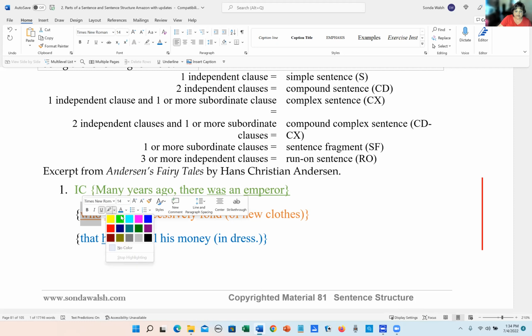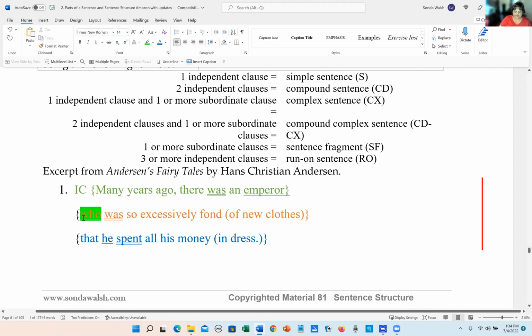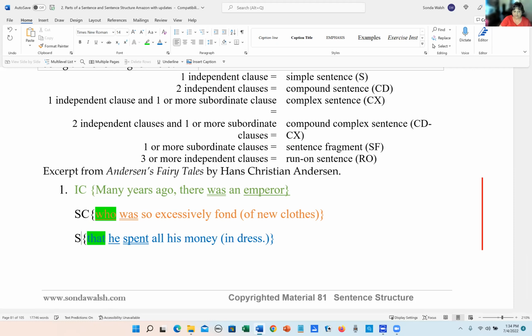So we're going to identify that as a relative pronoun, and therefore this is a subordinate clause. Even though we've got our subject, it is acting as the subordinating factor in that, who. Okay, and then the next one, we go to our subject, we go to the left, we have the relative pronoun that, which makes it a subordinate clause.